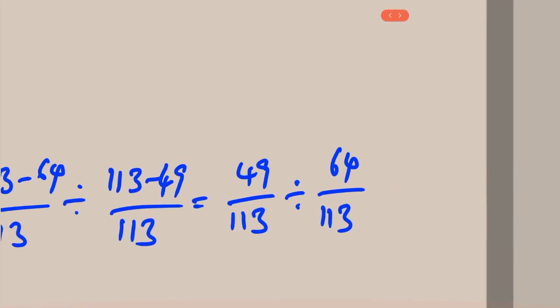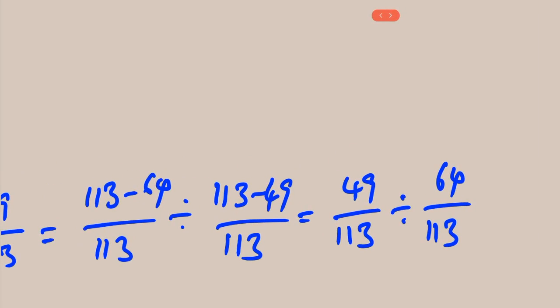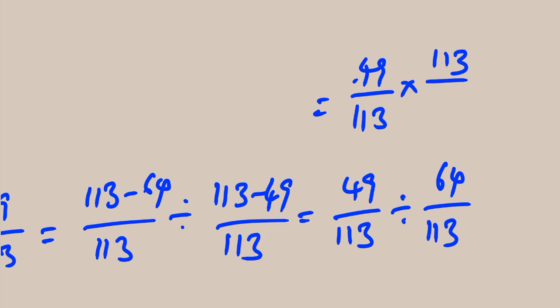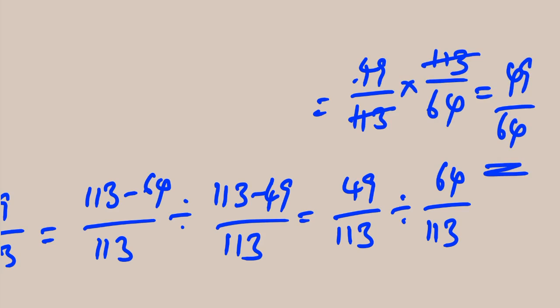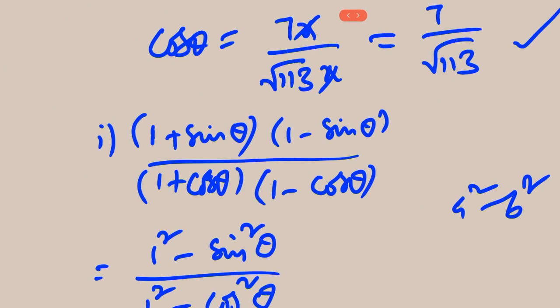After simplifying these two, we get 49 by 113 into the reciprocal, that is 64 by 113. Now these two get cancelled. Finally we are getting 49 by 64. So this is the answer we got after simplifying the given expression.